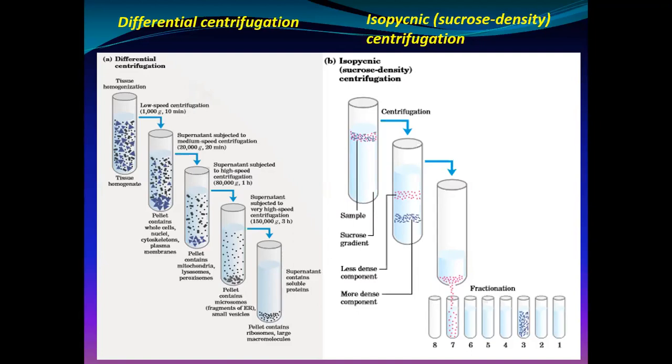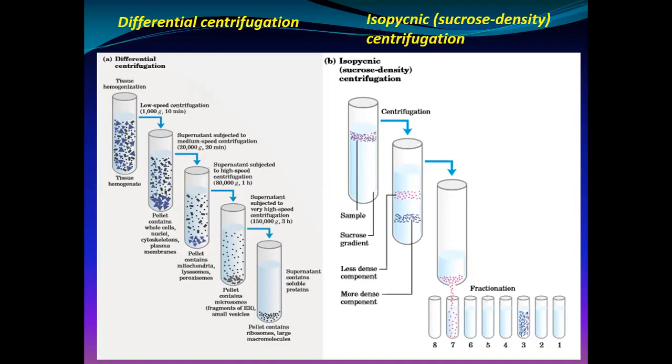So what I'm trying to say here is we can separate the cellular organelles into various parts, and that is the way they studied the functions of each and every cellular organelle. Understand? So simple.